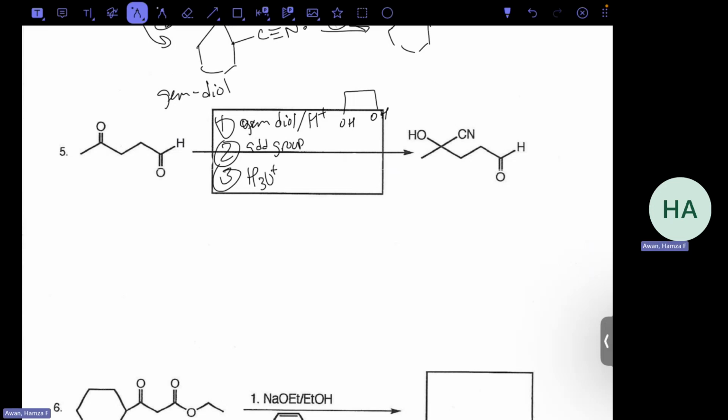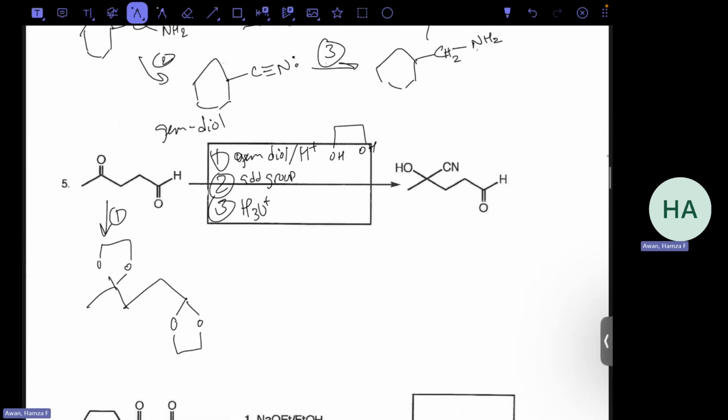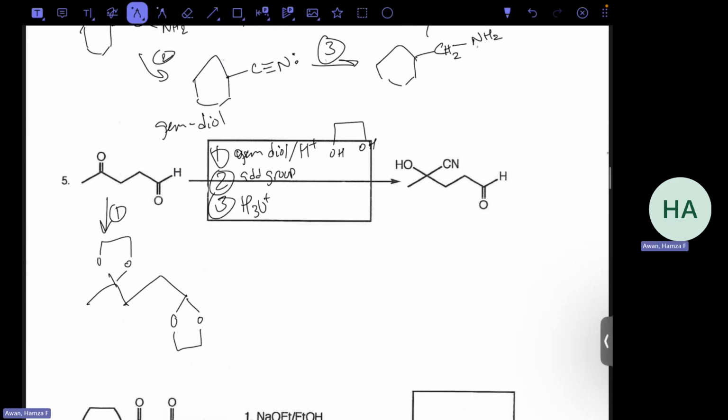So what that's going to do is this, like that. Now we have a protected group. I don't know why I'm protecting this one. Our ketone is not going to be protected.